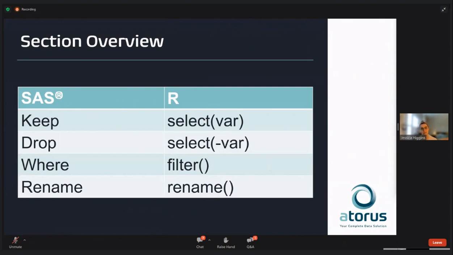So we'll talk a little bit about how to use the analogs of keep and drop, which are one function called select. Then a sort of a where statement. In R, we use something called filter. We want to use the dplyr filter. And then rename, which is the same as rename.